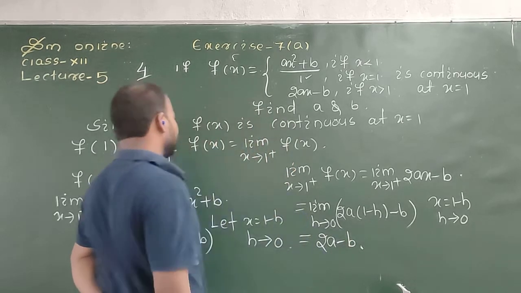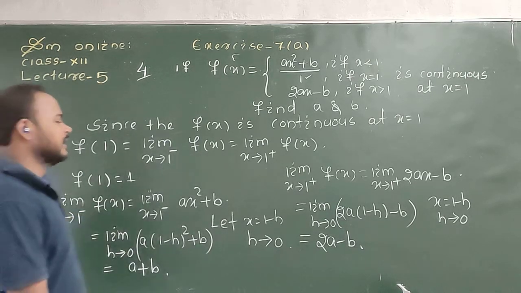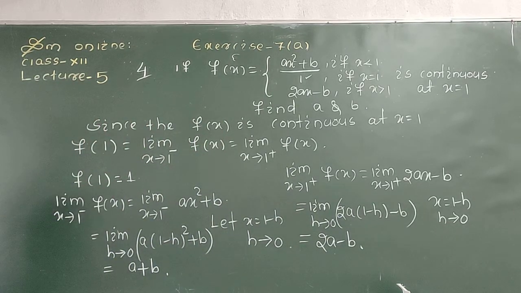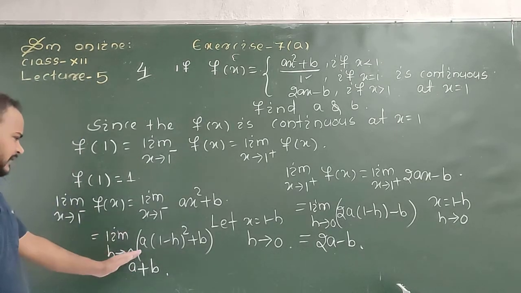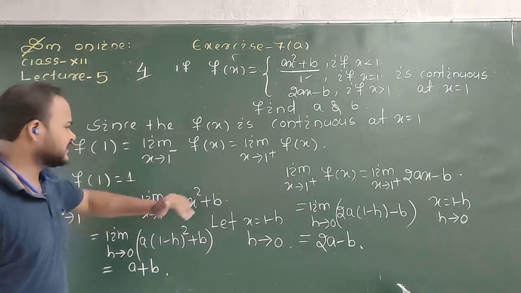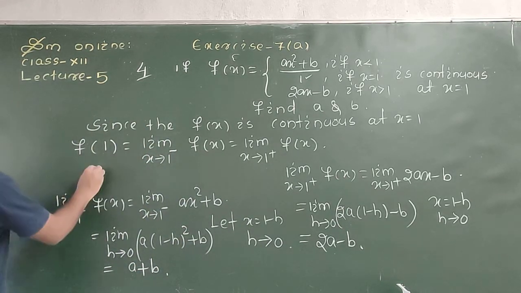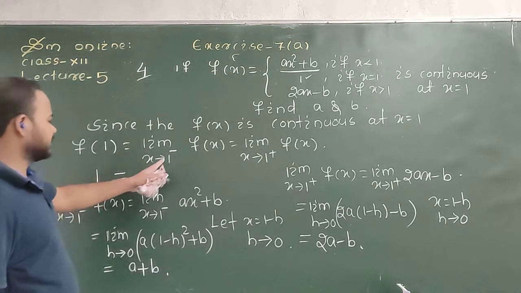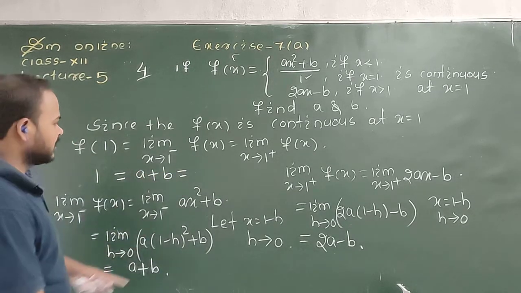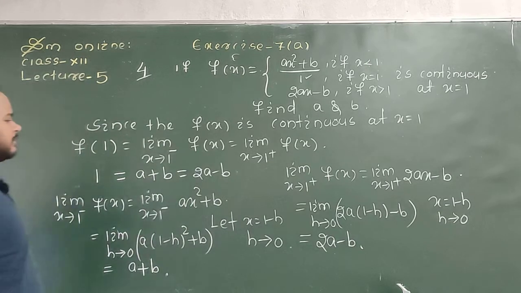So we found the left hand limit, that is limit x tends to 1 minus f of x, the value is a plus b, and limit x tends to 1 plus f of x, the value is 2a minus b, and f of 1 is 1. If we put these three results in the equation, that is f of 1, limit x tends to 1 minus f of x and limit x tends to 1 plus f of x, then f of 1 which is 1 equals a plus b, which equals 2a minus b.